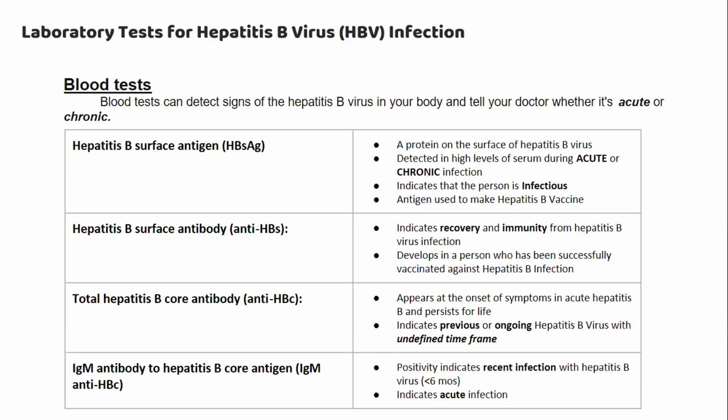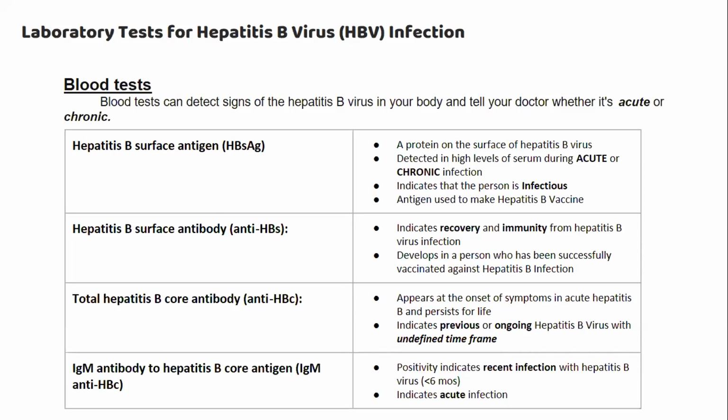And also remember that a positive hepatitis B surface antigen test result means that you are infectious and can spread the hepatitis B virus to others through your blood. And also, hepatitis B surface antigen is an antigen used to make the hepatitis B vaccine.